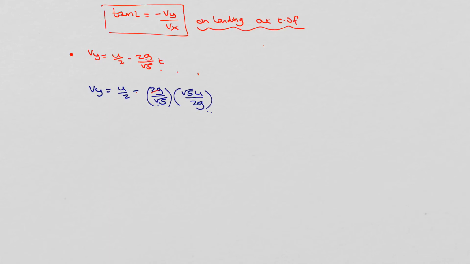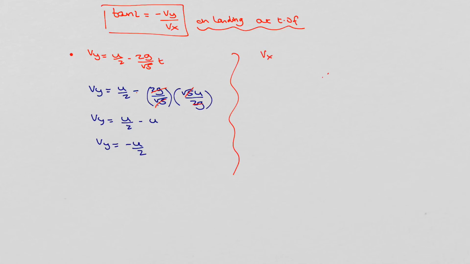Nice and handy there, because 2G is gone and root 5 is also gone, which leaves us with a nice simple equation of U over 2 minus U. So therefore Vy is equal to minus U over 2. As we expected, obviously the velocity would be negative.